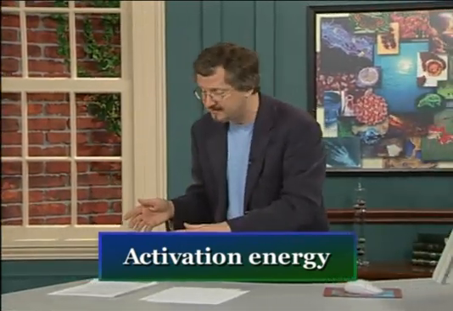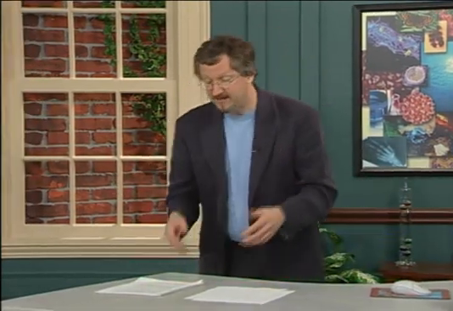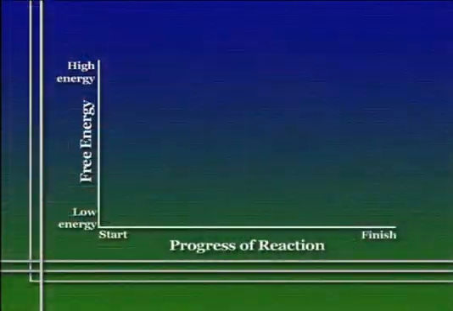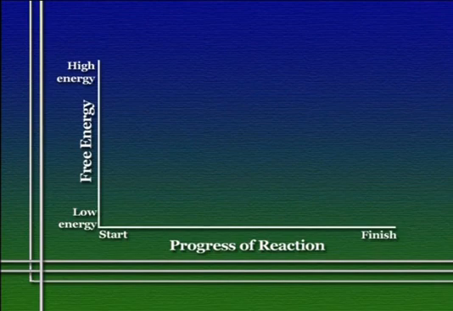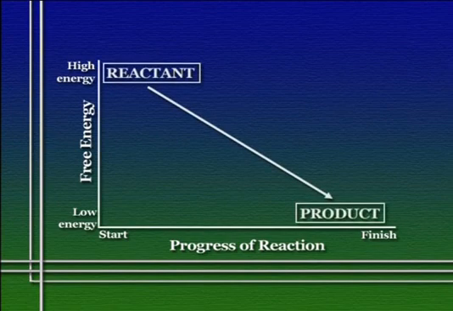Now, to get a better idea of what activation energy is, let's picture again, as we did in the previous lecture, a graph that has time on the x-axis and the relative amount of free energy of compounds on the y-axis. Last time, we illustrated an exergonic reaction by drawing a straight line from a high-energy reactant to a low-energy product, a line moving straight down at an angle.